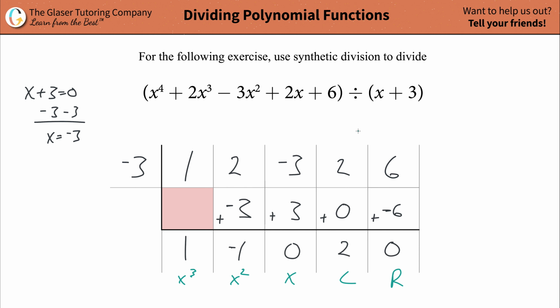You're going to take that and divide it into every single value here except for the remainder. Do not divide it into the remainder. Now, since it's a 1 in this problem, it doesn't do anything, right? Dividing something by 1 doesn't do anything.